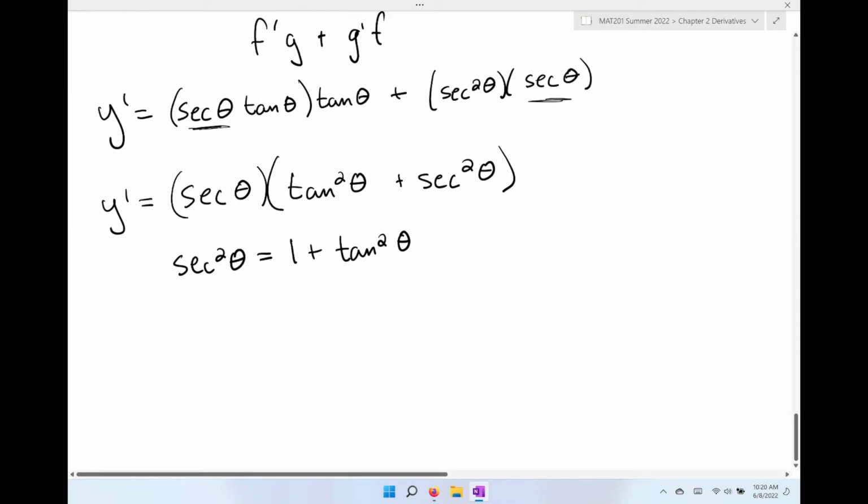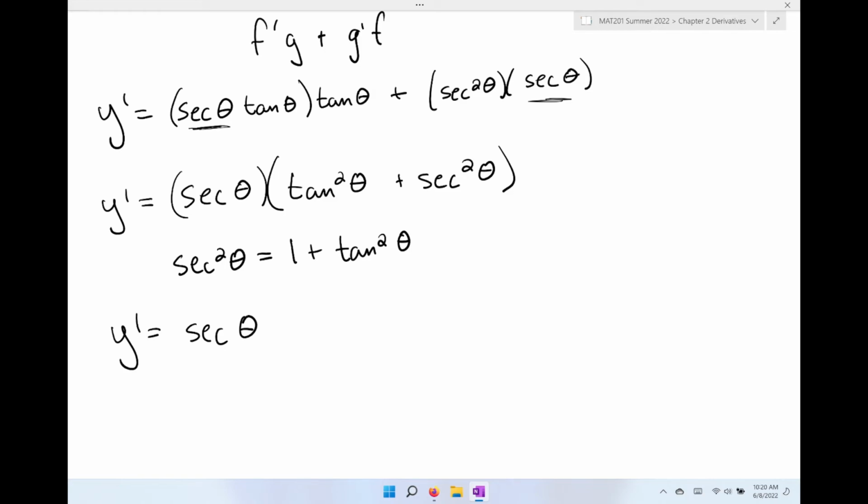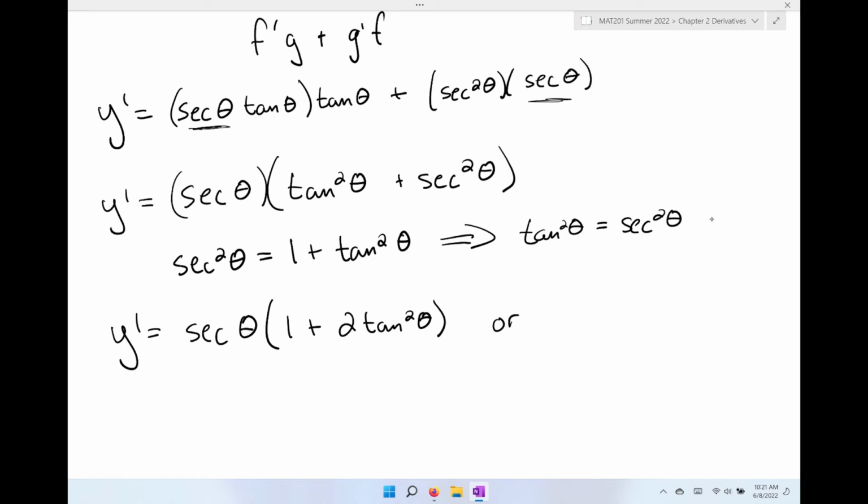We can go ahead and rewrite this as y prime equals secant theta times 1 plus 2 tangent squared theta, or using this identity again, you could say tangent squared theta equals secant squared theta minus 1.